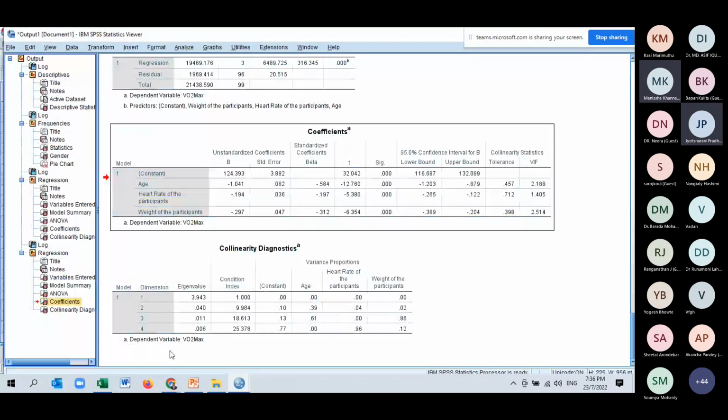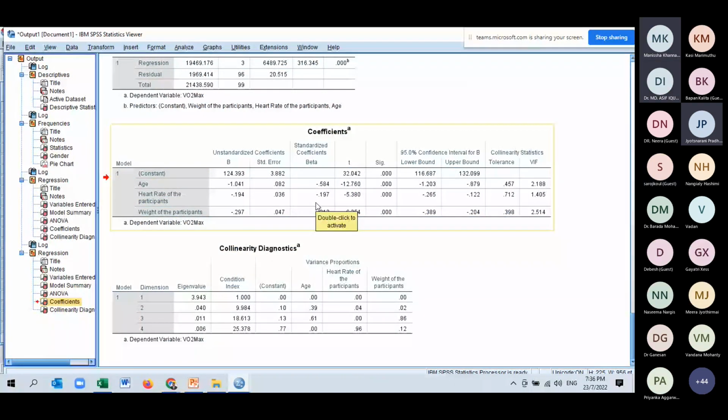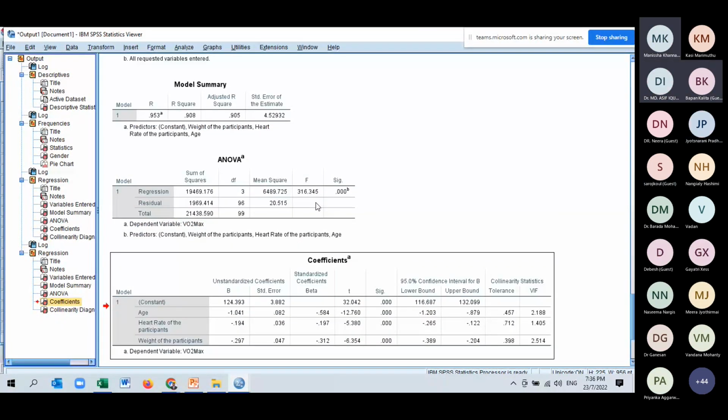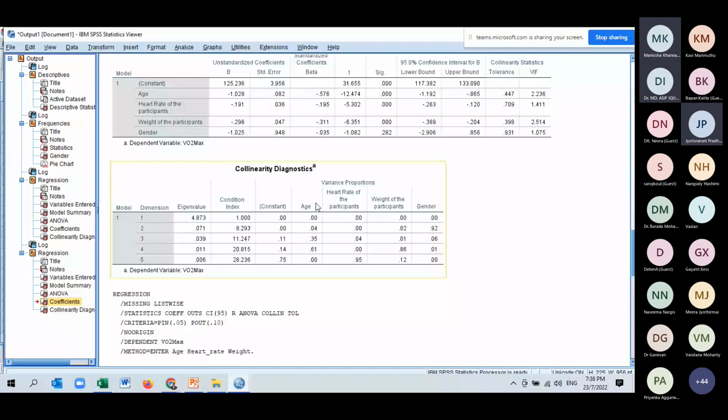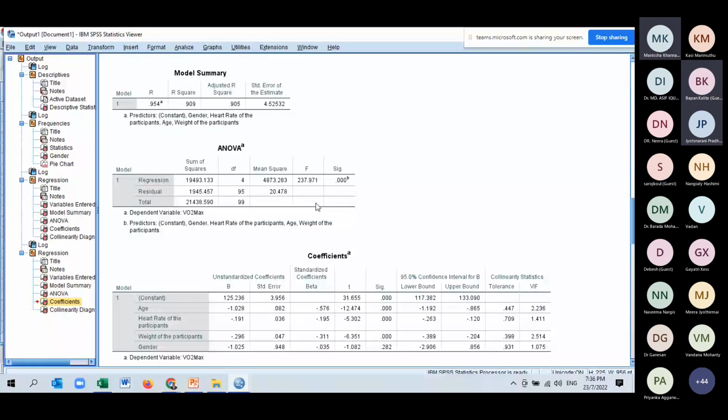Second time I conducted. Sir, first I conducted with gender. It is coming 0.000 and weight is coming 0.685 and heart rate is 0.004. Oh, okay, maybe I sent you some different file. How about others?